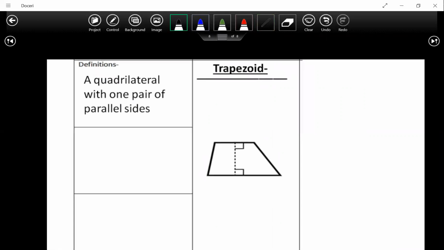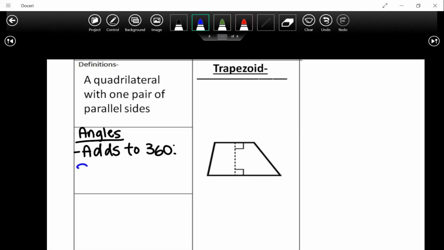Let's finish this up. Let's talk about the angles. The only thing that we know is it adds up to 360. Doesn't need to be congruent with other angles. Can they be? Yeah. But the specific part that we're looking at is that they share one pair of parallel sides. So we'll just look at the angles adding up to 360.